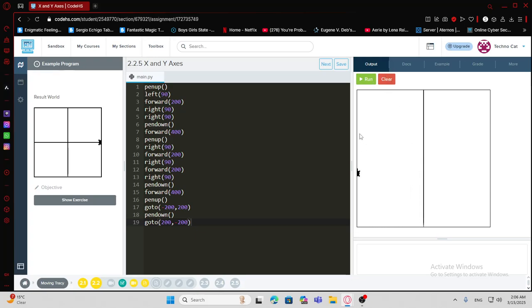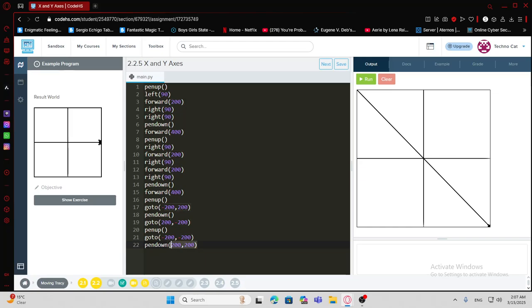So we got these, and then we got diagonal. Nice. And then to do the other side, we're just going to put the pen up, and then we're going to go to the bottom left corner, which is going to be negative 200, negative 200. And then we're going to put the pen down again. And this is going to go to positive 200, 200.